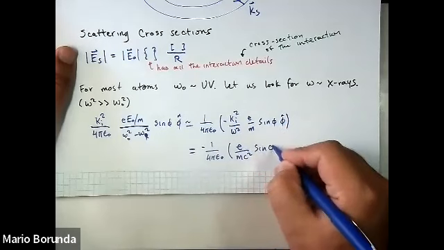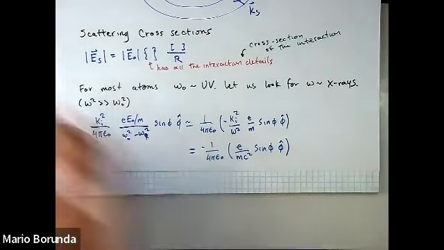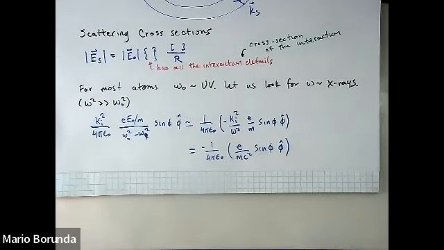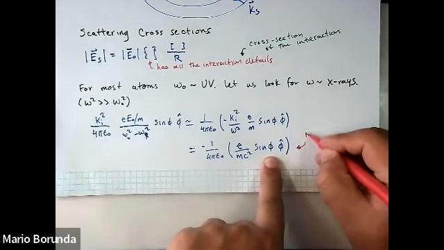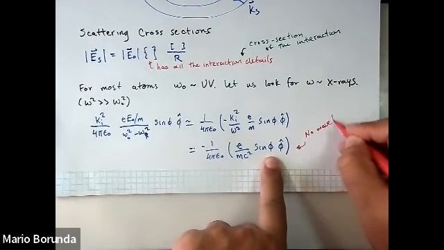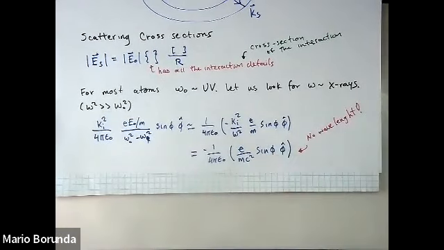And then the sine of phi in the phi direction. So if we look at this one, what we have then is that there's no wavelength here. There's no wavelength in this expression.